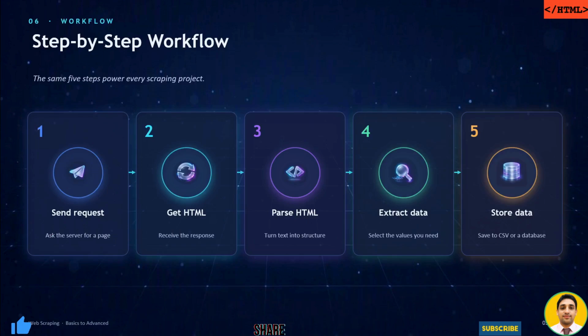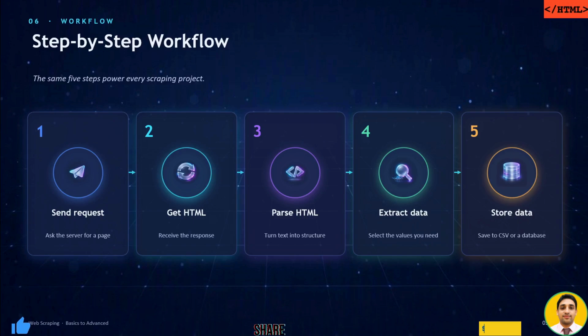Workflow. Every web scraping project follows a simple 5-step workflow. First, we send a request to the server asking for a web page. Second, we receive the HTML response from the server. Third, we parse the HTML to convert it into a structured format.